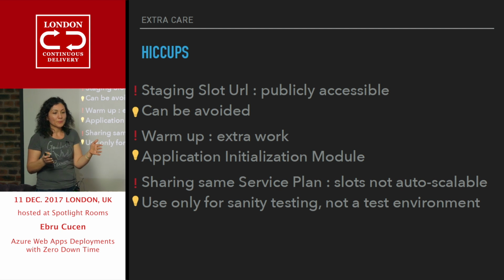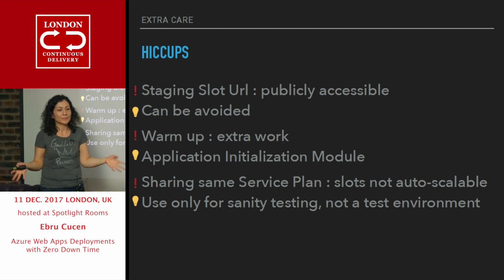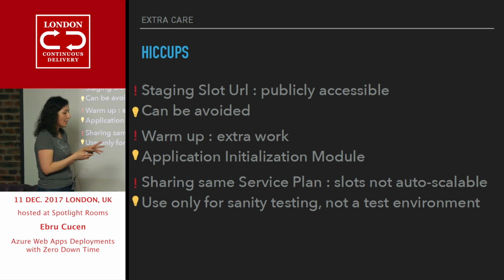Sharing the same service plan: because we have just one service plan, standard or whatever, it's not scalable. You can't go up or down specifically for your non-production slot or the production slot, so you have to take care of it. It is just a sanity check, so it's not for auto-scaling.